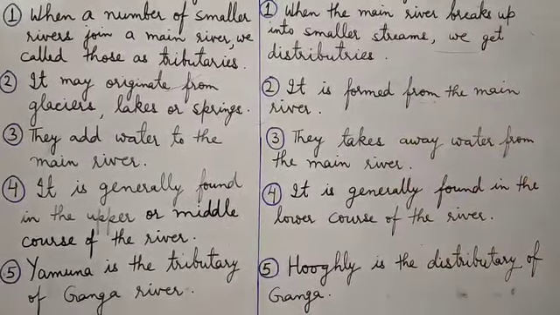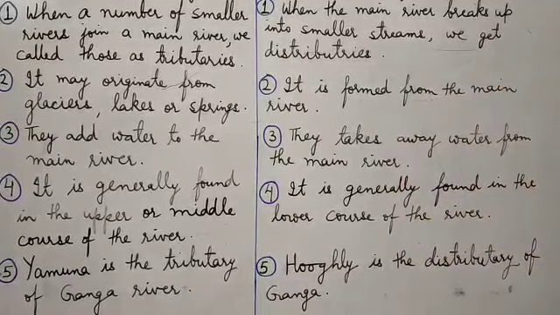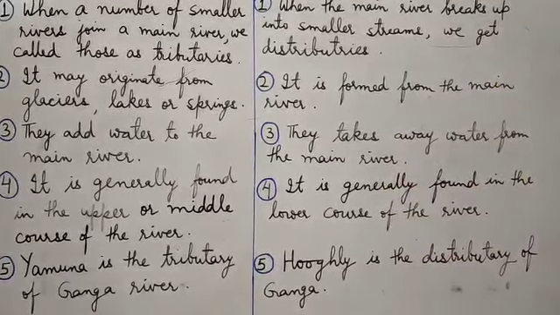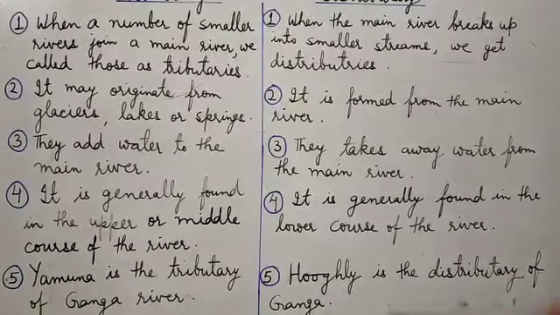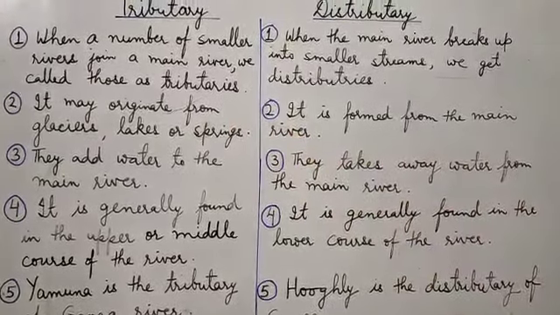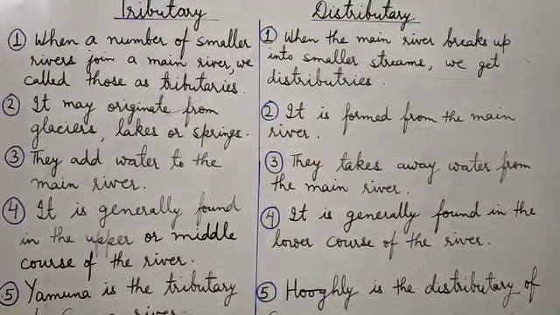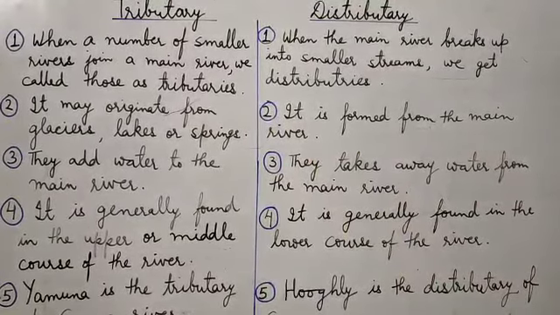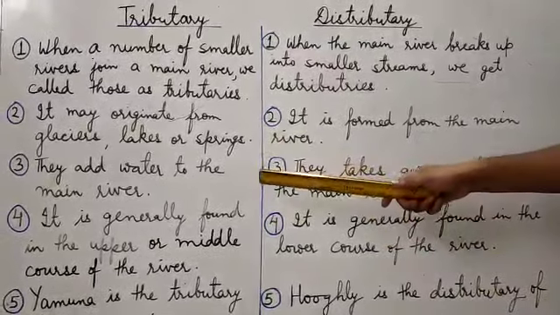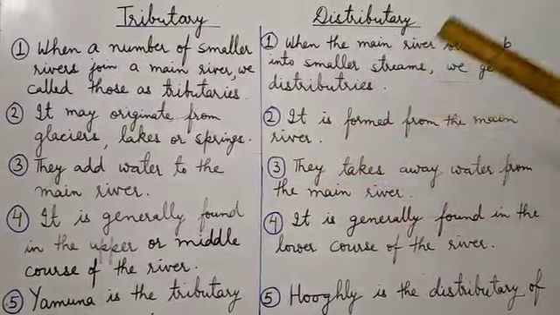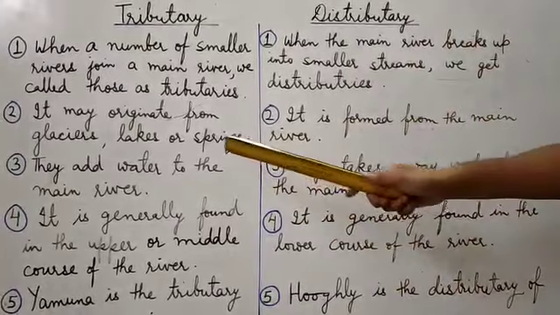Next, and this is a very important point, tributaries strengthen the main river by providing water to it. When the main river becomes weak, generally in the middle course, they increase the volume of river water by adding water.